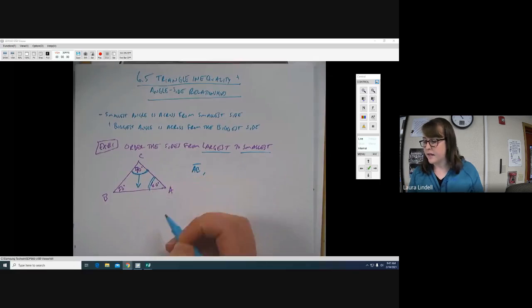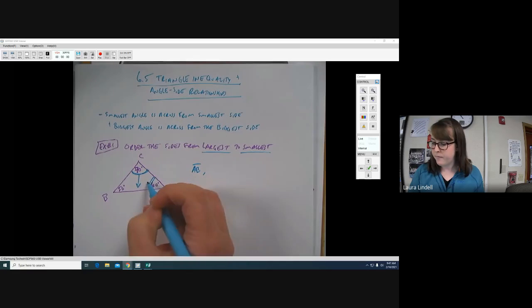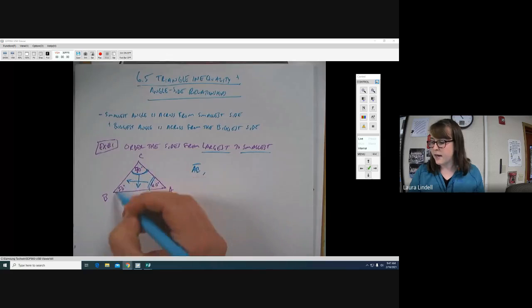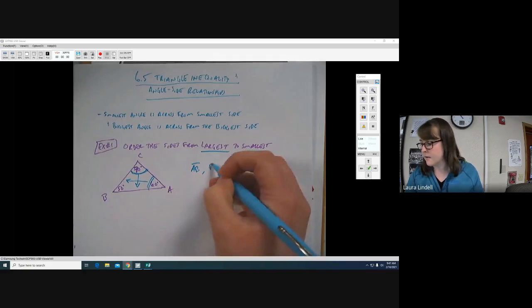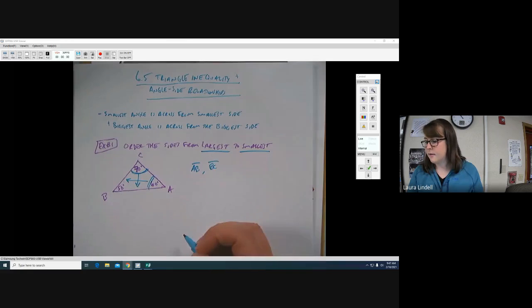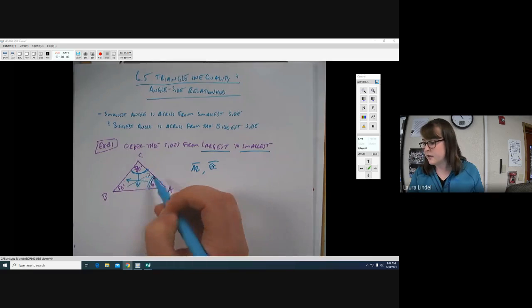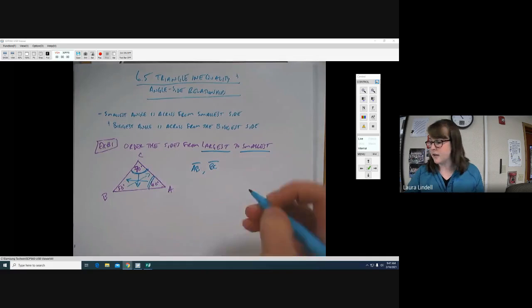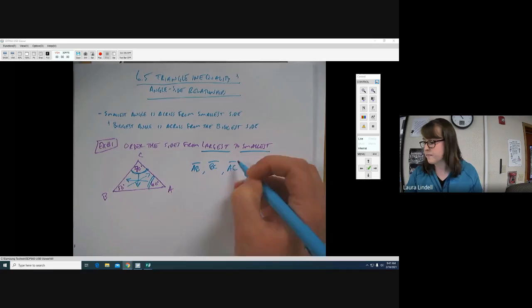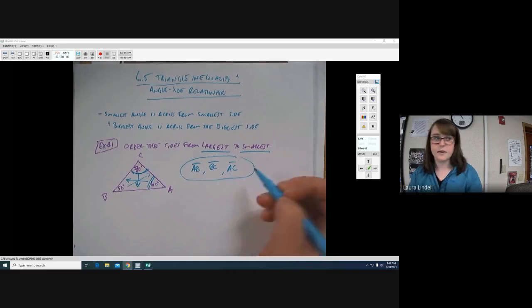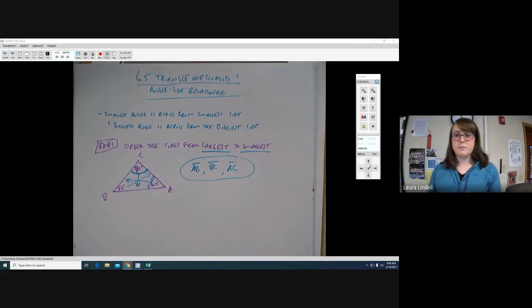Well, angle A is the next biggest at 60 degrees. And that's across from my next biggest side, BC. And then the smallest angle, 50 degrees here, is across from the smallest side, AC. So this would be our answer. Largest to smallest, ordering the sides.